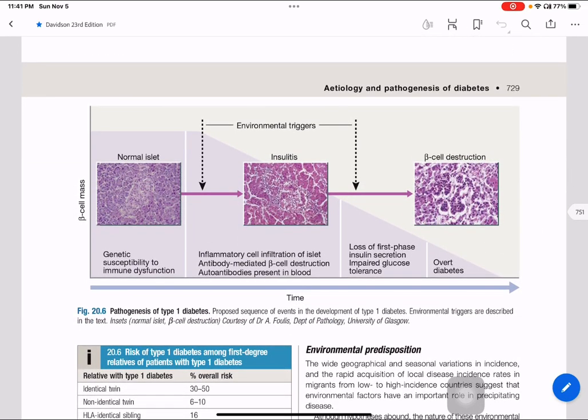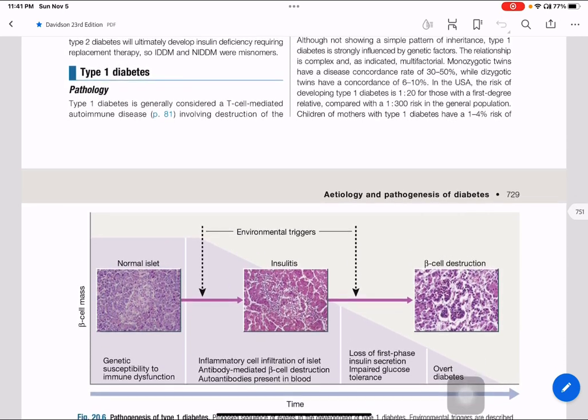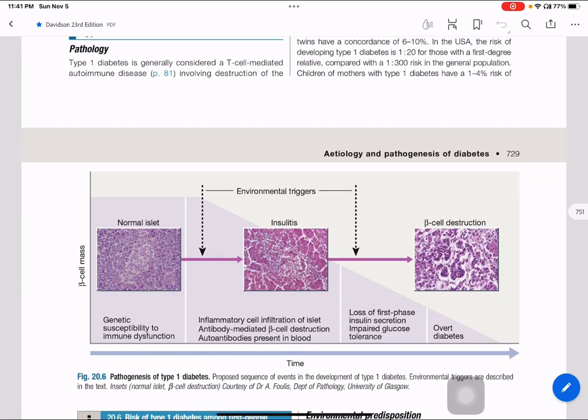So now we can tell something about the pathogenesis of type 1 diabetes mellitus. We know there are several types of diabetes mellitus. Firstly, we will go for type 1 diabetes mellitus.